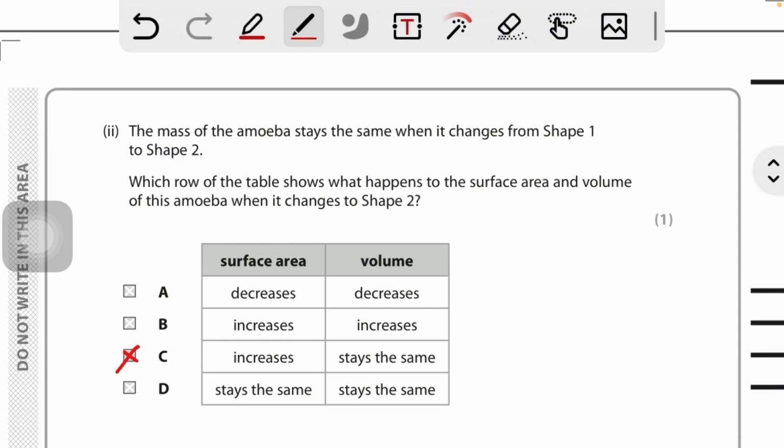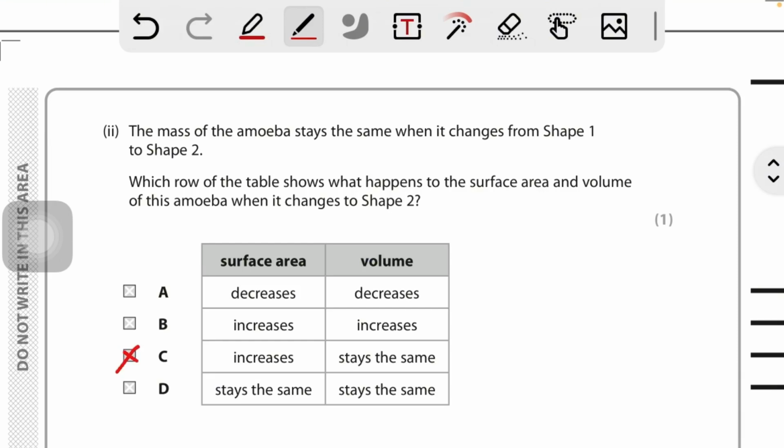The surface area, does it remain the same, or does it decrease or increase? And what happens to the volume? As it states that the mass of the amoeba stays the same, right? So the volume will stay the same. Whatever is inside the amoeba will be the same. But what about surface area?